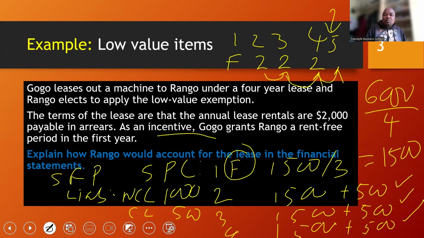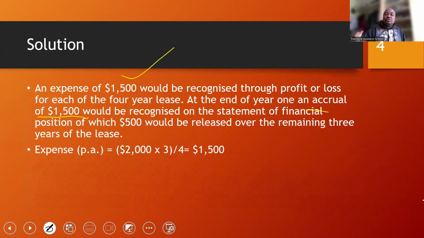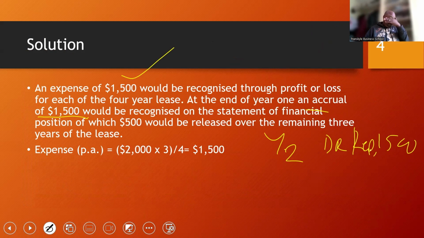So, for example, let us do the journal for year 2. In year 2, we need to recognize the expense. We are debiting rental expense, 1,500, right?